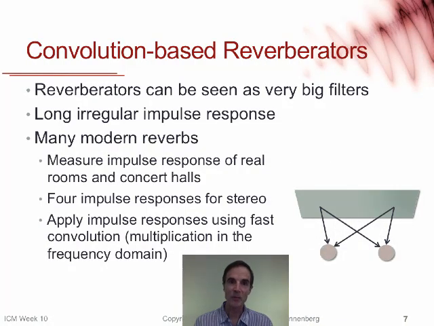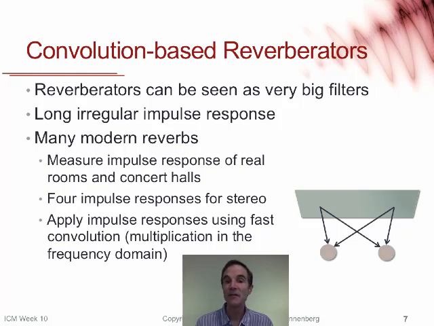Another way to build reverberators is with convolution. Reverberators can be seen as just very big filters, with a very long impulse response. It's very irregular. So many modern reverbs measure the impulse response of real rooms and concert halls.